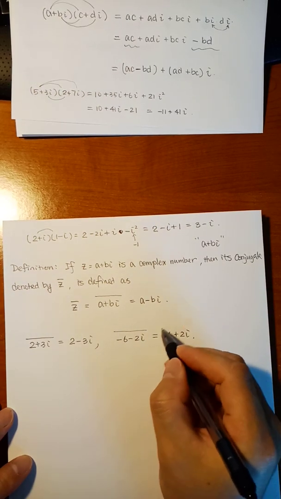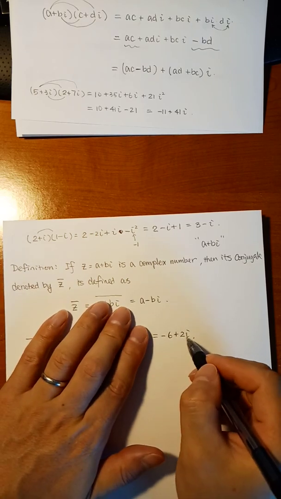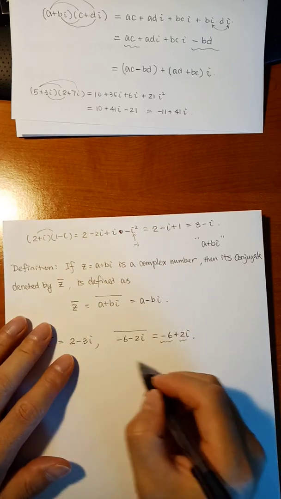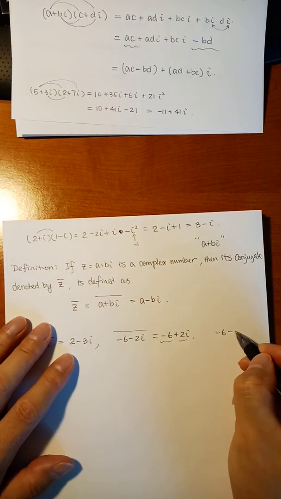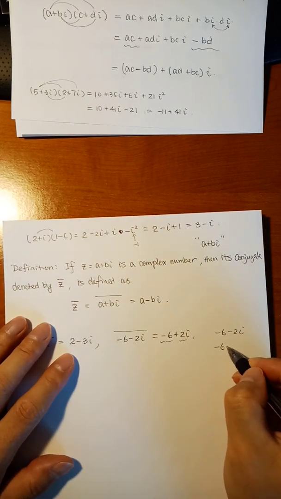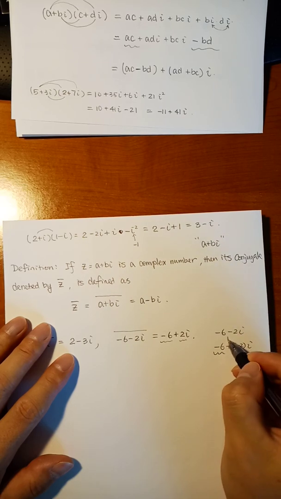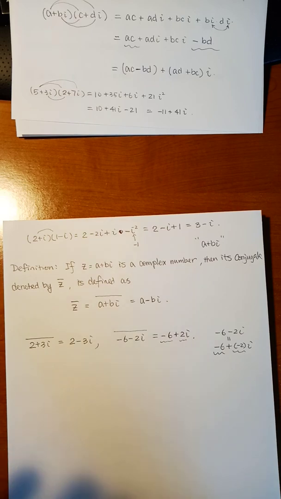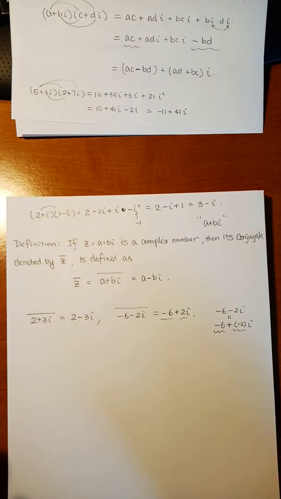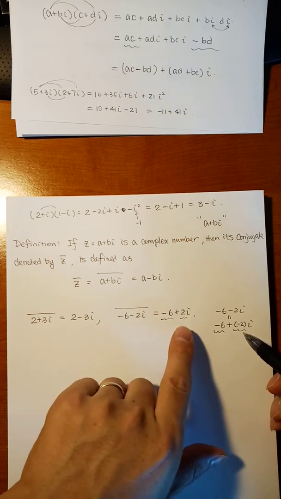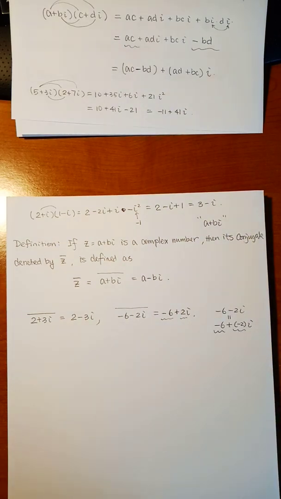If you just separately study one number, this is a, this is b. So conjugation is a relation, but for separate complex numbers, you need to know what is a, what is b.